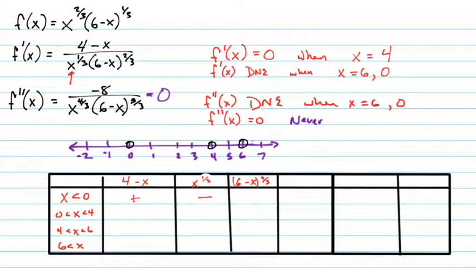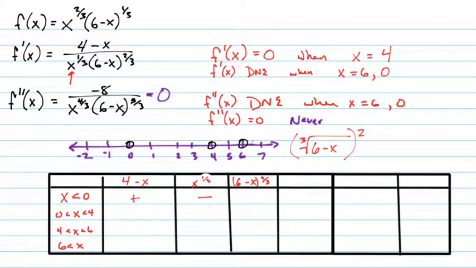What about 6 minus x to the 2/3? The easiest way to look at this is to say it's 6 minus x, the cube root of that, squared. No matter what 6 minus x is, and no matter what its cube root is, you're squaring it. So do you get a positive or a negative result?